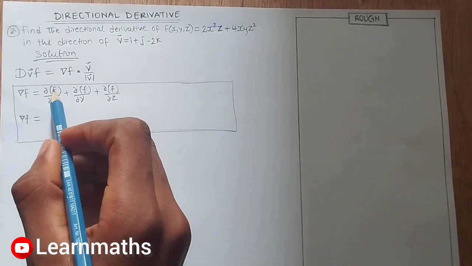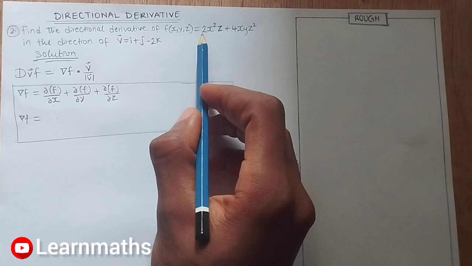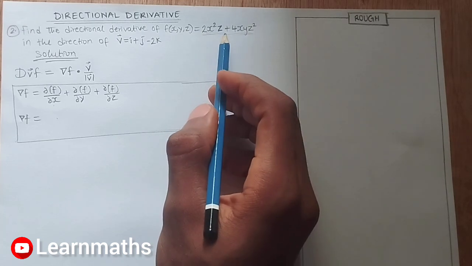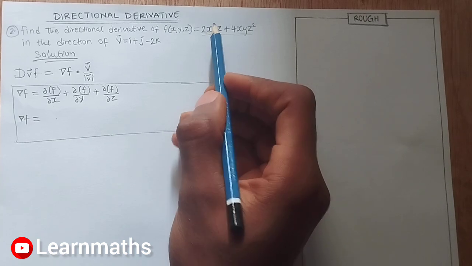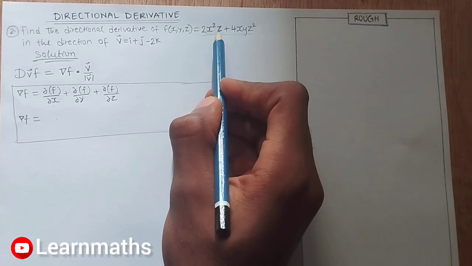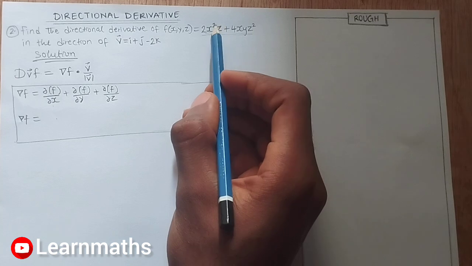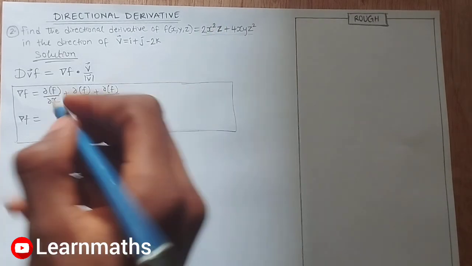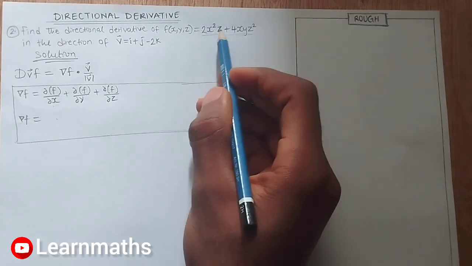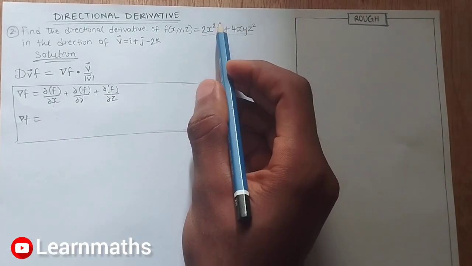Let's differentiate this function with respect to x. You can spot the x there, x squared, so 2, and z is going to be a constant. We multiply this constant with 2, and it becomes 4z. Then we reduce the power of x by 1.